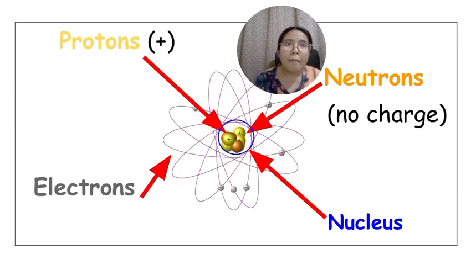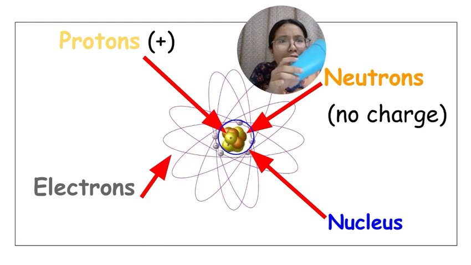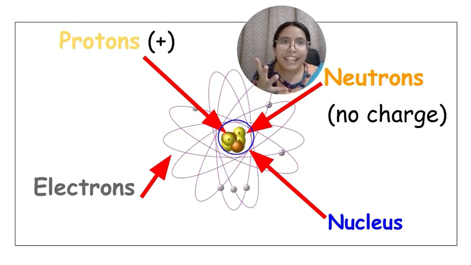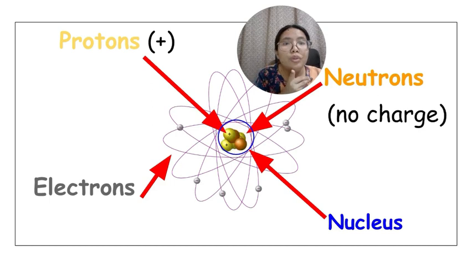So, alam na natin kapag may charge, ibig sabihin may parang kuryente. Yung mga nasa loob, may parang kuryente, may charge. Meron tayong protons, P, positive. We have the neutrons, yung nasa loob din. Neutrons, wala siyang charge. Ibig sabihin, wala siyang kuryente.